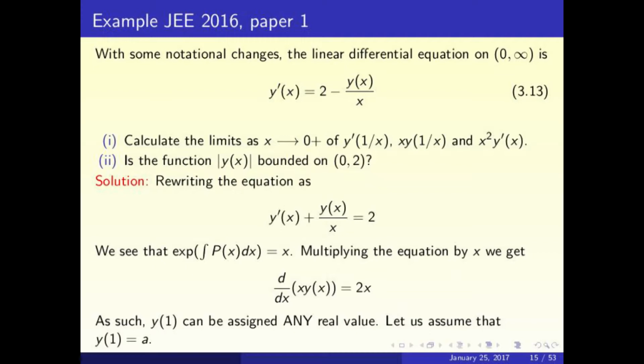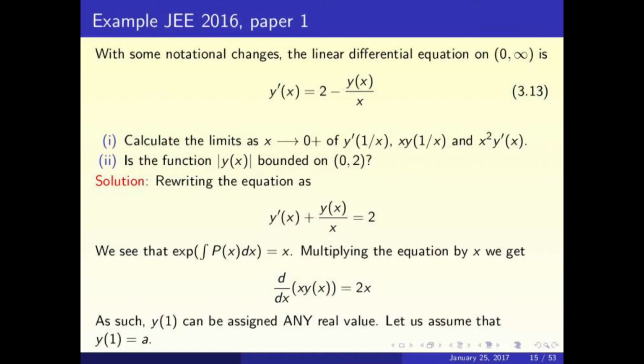JEE 2016 paper 1. With some notational changes, the differential equation is given on 0 to infinity and it reads y prime equals 2 minus y of x upon x. Remember that the minus y of x upon x should be brought to the left hand side.